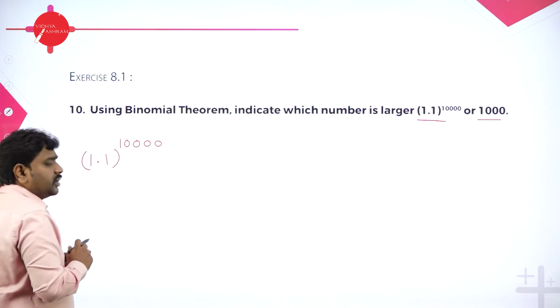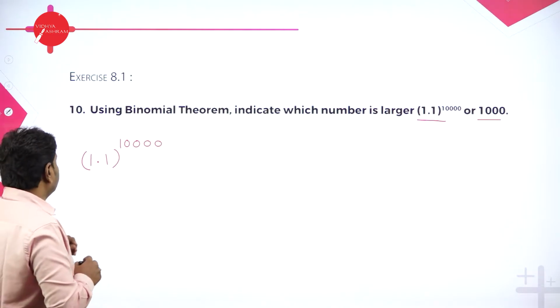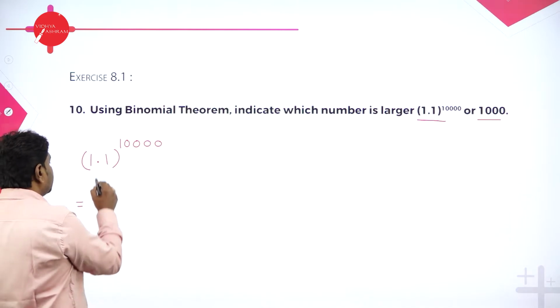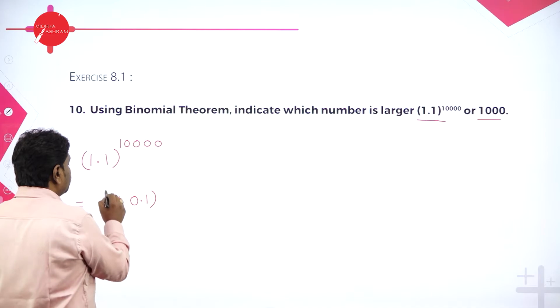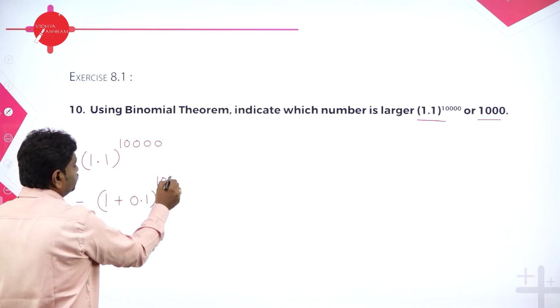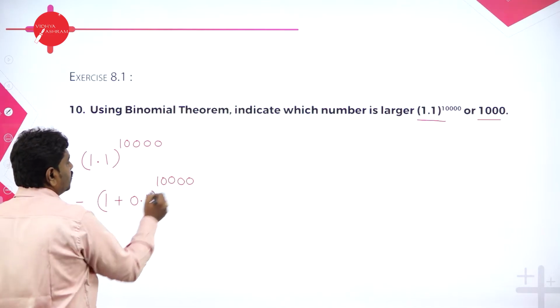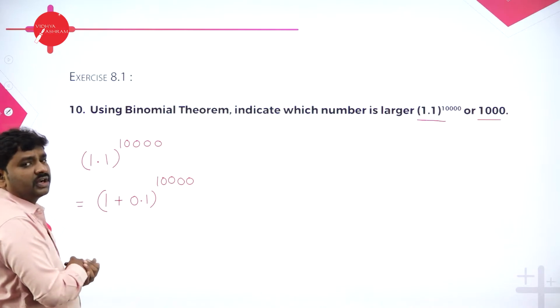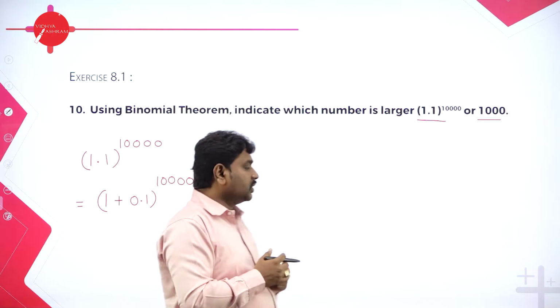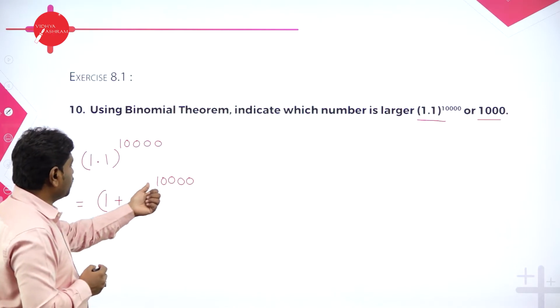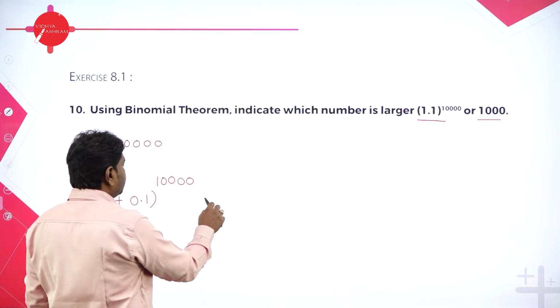Now, binomial theorem is a great tool which will help you to answer this. So, can I write this as (1 + 0.1) power 10,000? Why? Because it is near to 1, and 1 is a special number where 1 power anything is 1. So, now (1 + 0.1) power 10,000, can I start solving this?